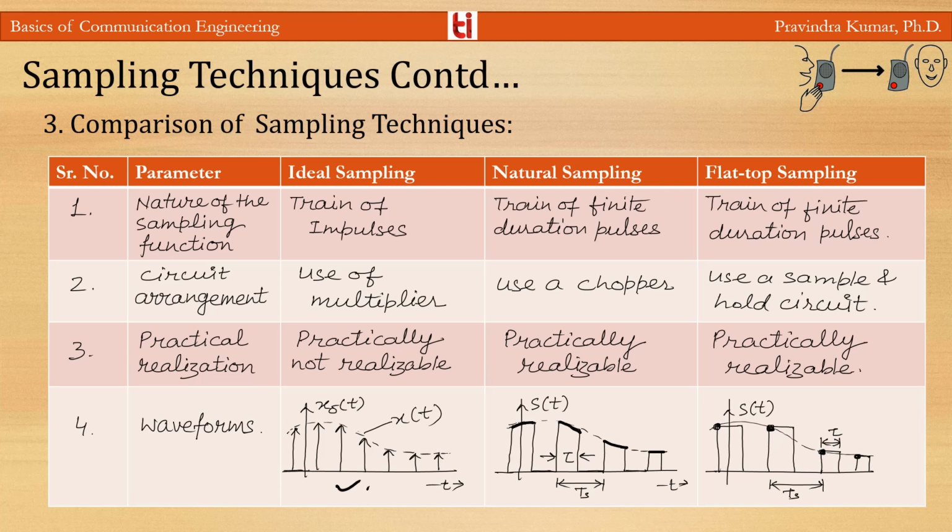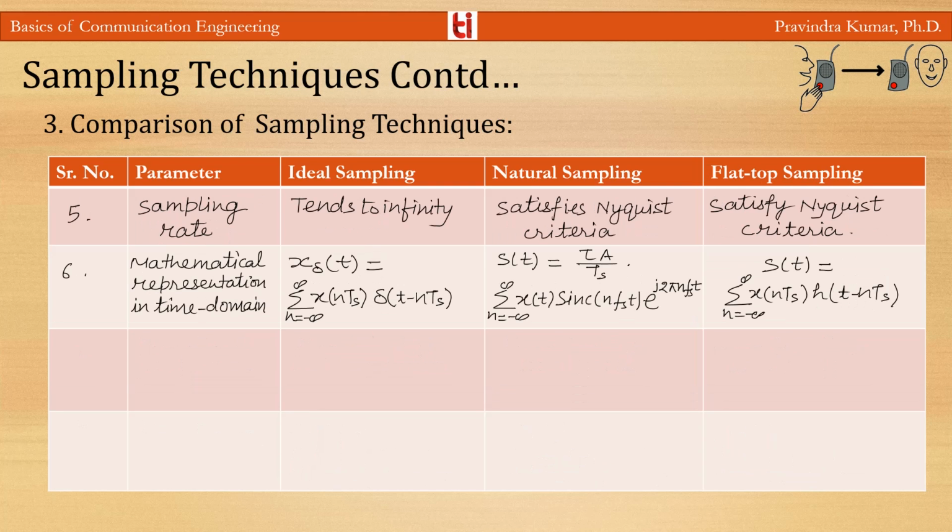In flat top, the amplitude is not varying, it is constant, and this constant value at the start of the pulse is the instantaneous value of the baseband signal, and this value is held during the duration of the pulse. For the sampling rate, in ideal sampling it tends to infinity, in natural sampling it satisfies the Nyquist criterion, and in flat top sampling it also satisfies the Nyquist criterion.